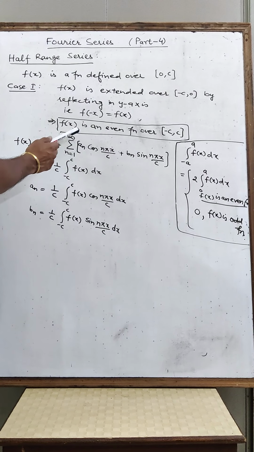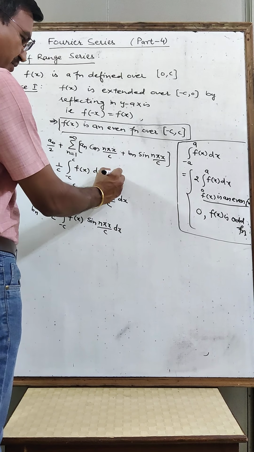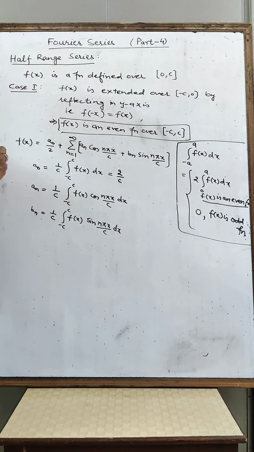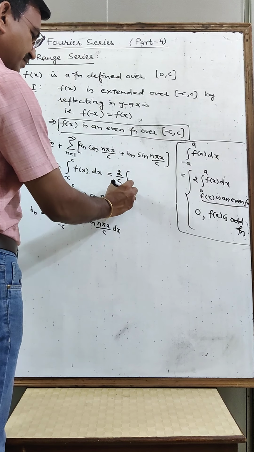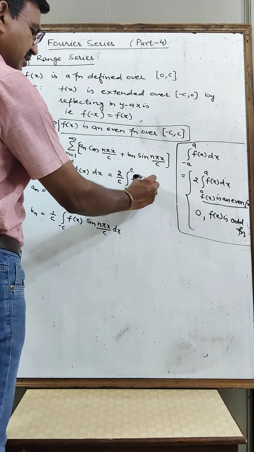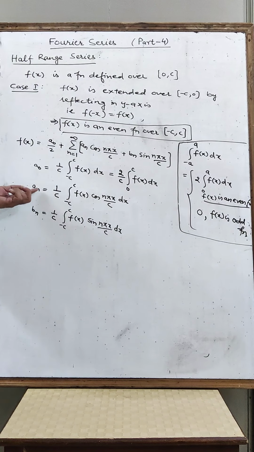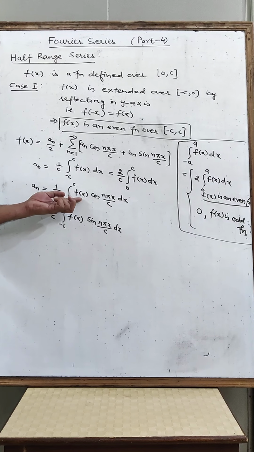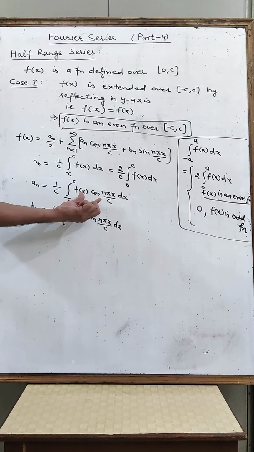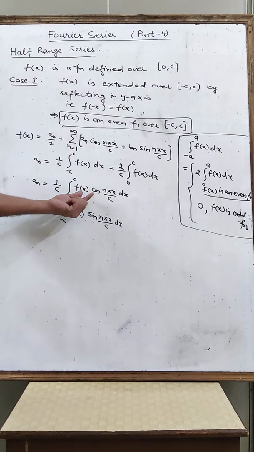Here our function is an even function, so this would be equal to twice 2 over c integral 0 to c f(x) dx. Here for a_n, f(x) is an even function. Students, you already know cosine is an even function. Even into even would again be an even function.